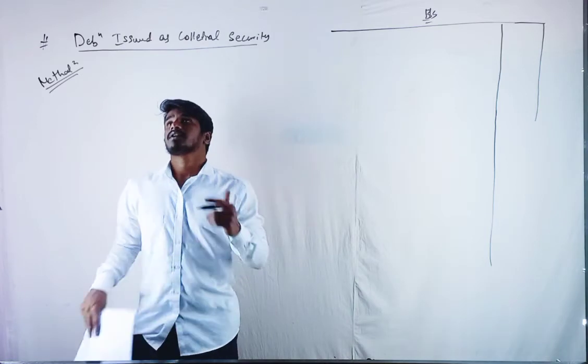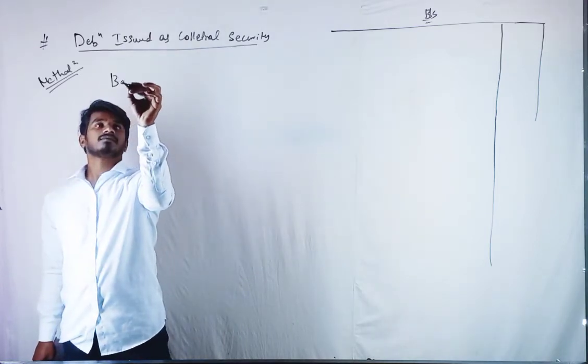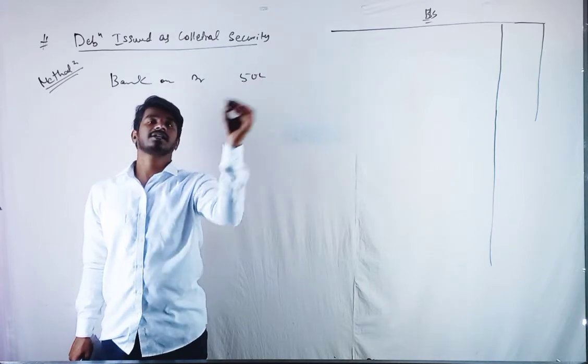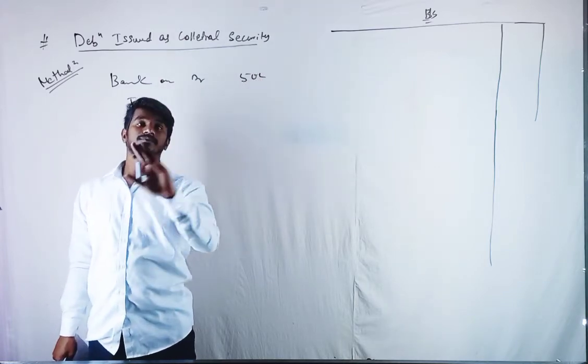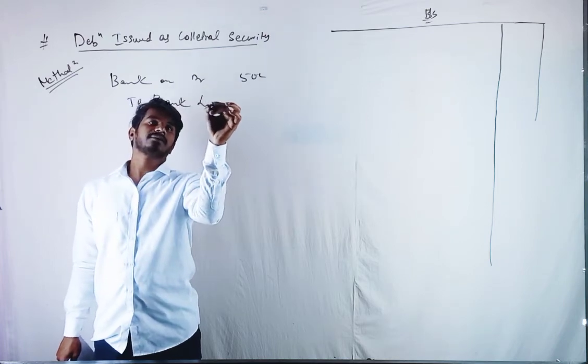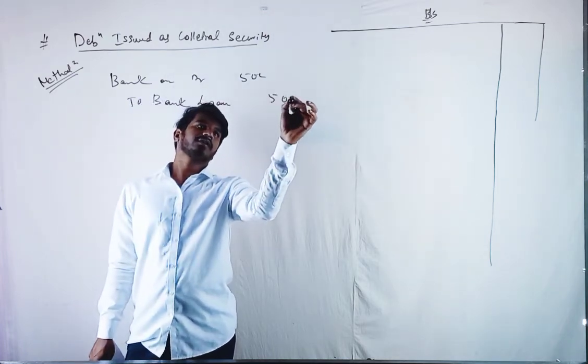Okay, method 2. Bank account debit 50 lakh, we will receive, to bank loan 50 lakh.